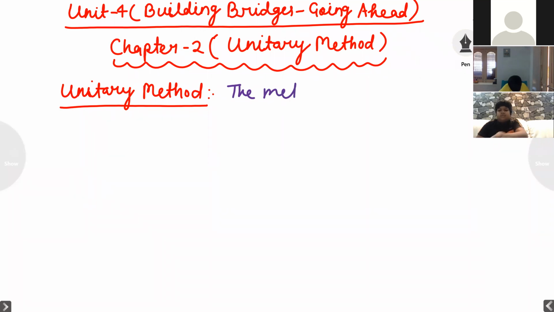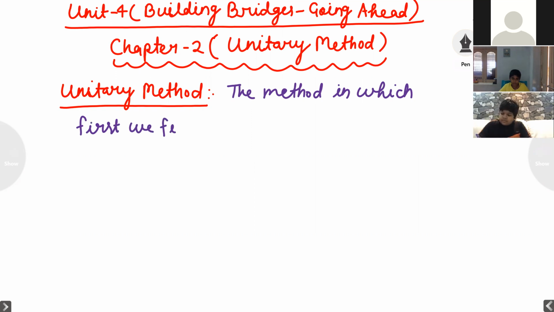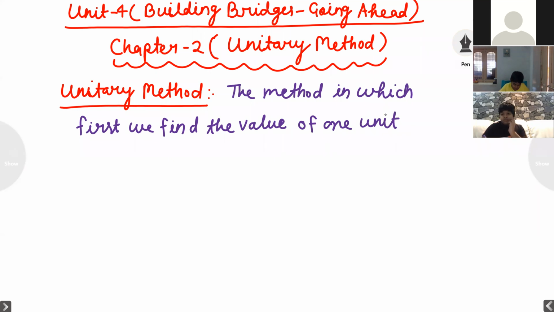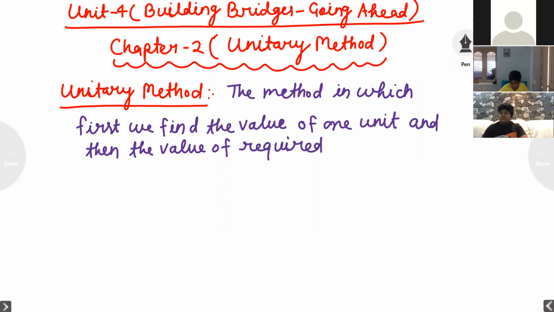The method in which first we find the value of one unit and then the value of required number of units.